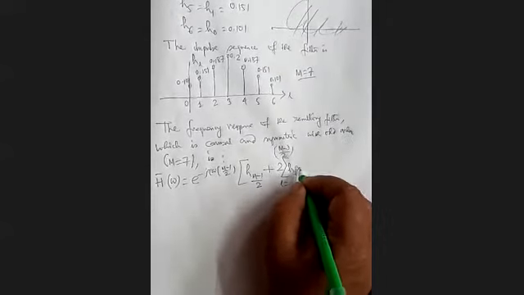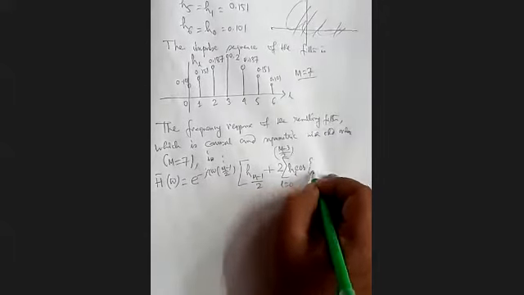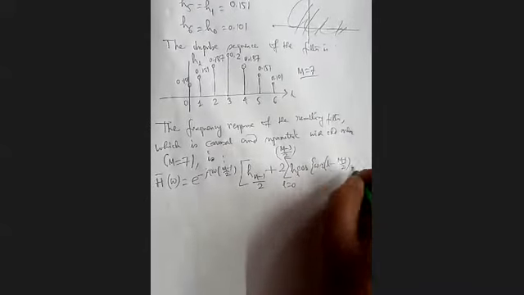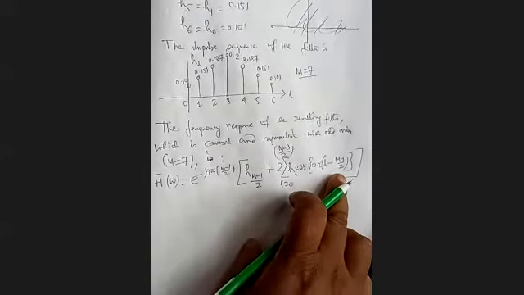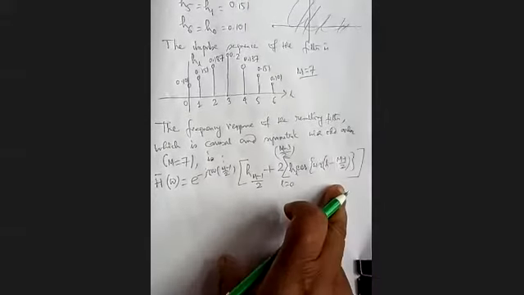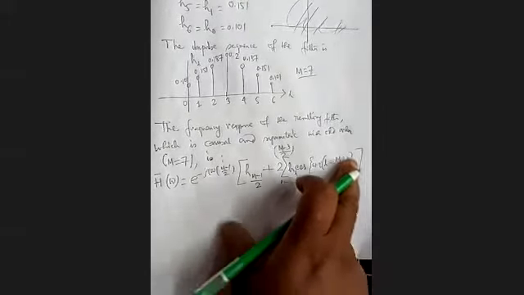So HL cos. Note that you can write L minus (M minus 1) by 2 or just the opposite, because we know cos minus theta equal to cos theta.